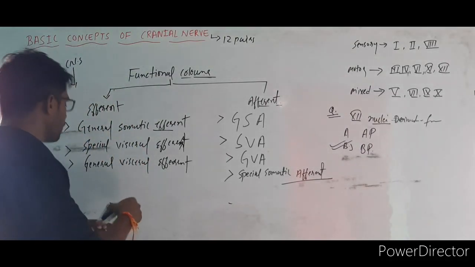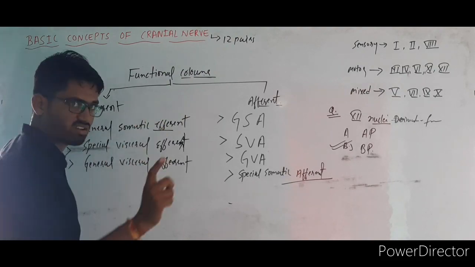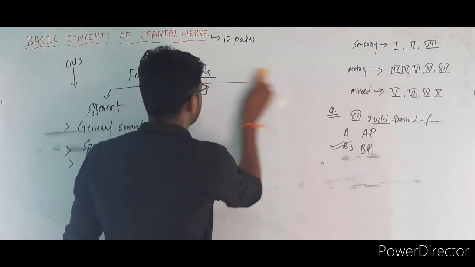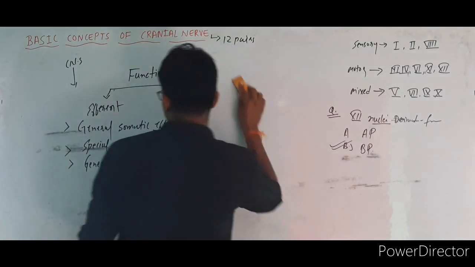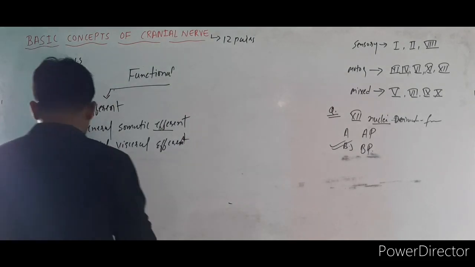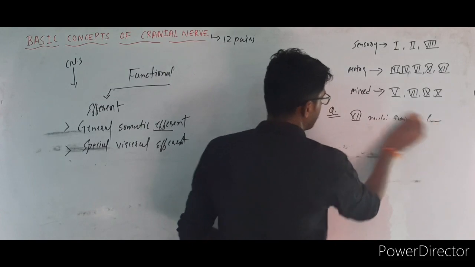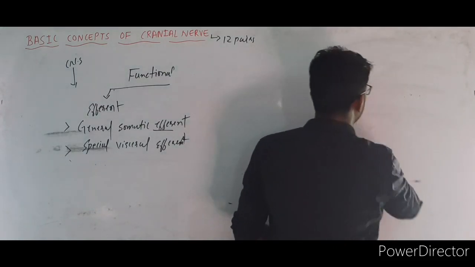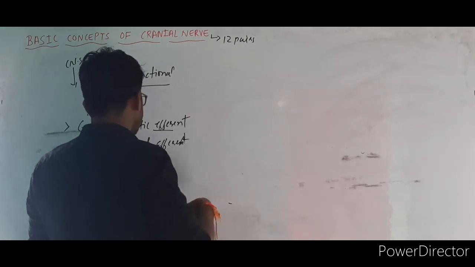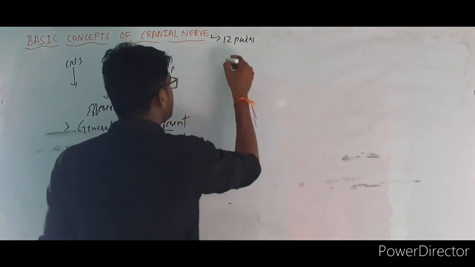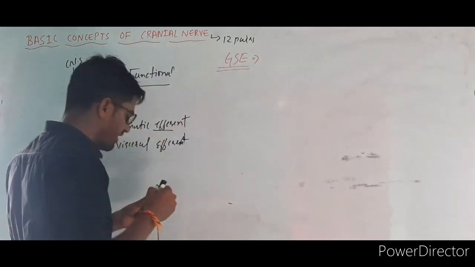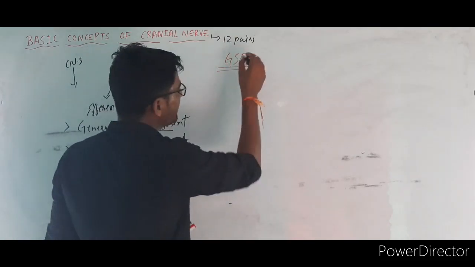Okay, I am going to start with the general somatic efferent. So I want to write all this part, and I have to talk first of all about this general somatic efferent, GSE.